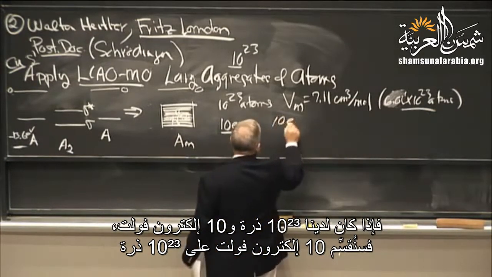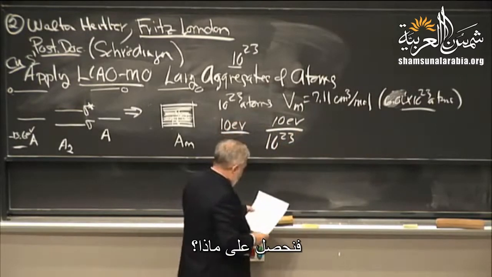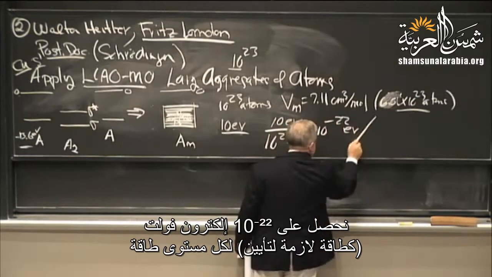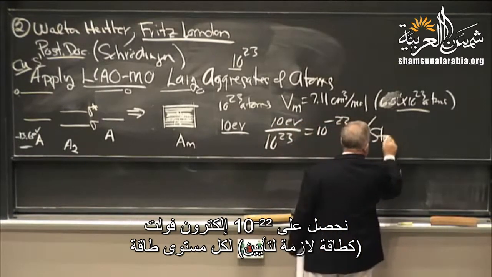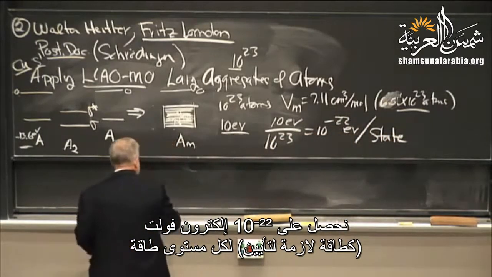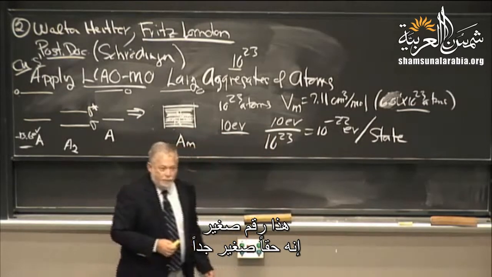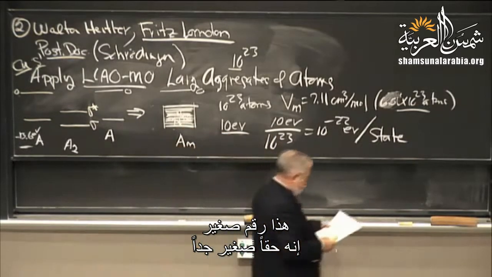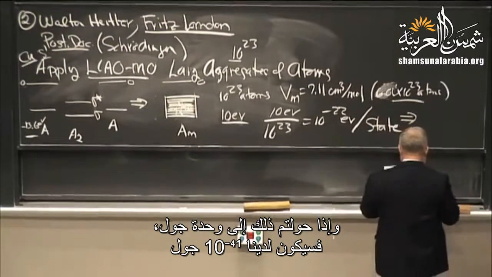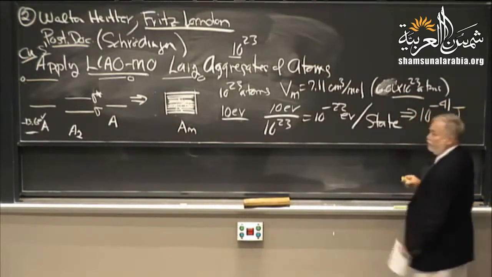And let's ask ourselves, well, if we've got 10 to the 23rd atoms and 10 eV, let's take 10 eV over 10 to the 23rd, and you get what? Well, 10 to the minus 22 eV per state. Right? 10 to the minus 23rd eV per state. That's small. That's really, really small. And if you convert that to joules, you end up with 10 to the minus 41 joules.